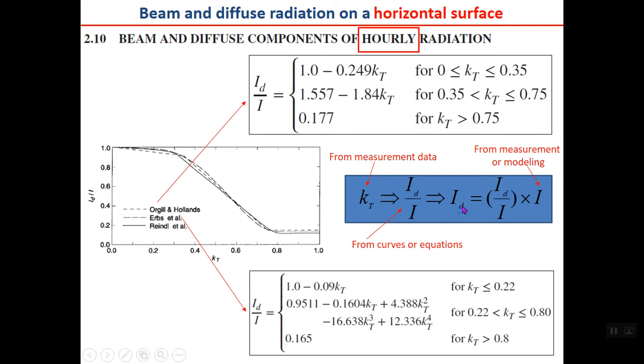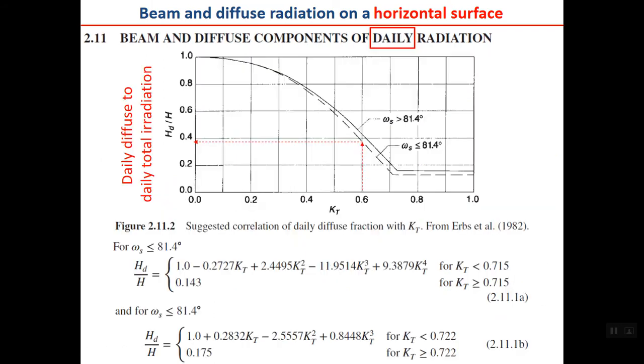Then it is simple to find the diffuse radiation. The diffuse radiation will be the ratio, found from the curve or equation, multiplied by I, and you will get ID. I can be found either from measurement or modeling. So this is the method used in section 210.